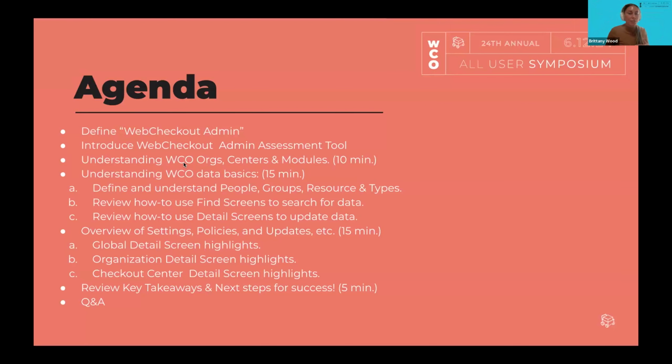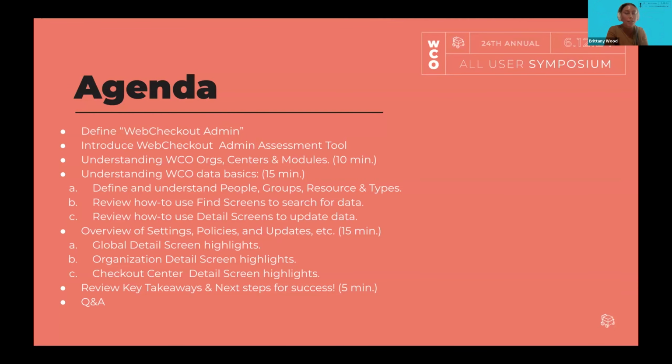Then we'll dive into the building blocks of web checkout, the data within it. We'll define what we call people, groups, resources, and resource types, and learn how to use find screens and detail screens to search for and update information within web checkout. Finally, we'll end by reviewing how to configure web checkout.